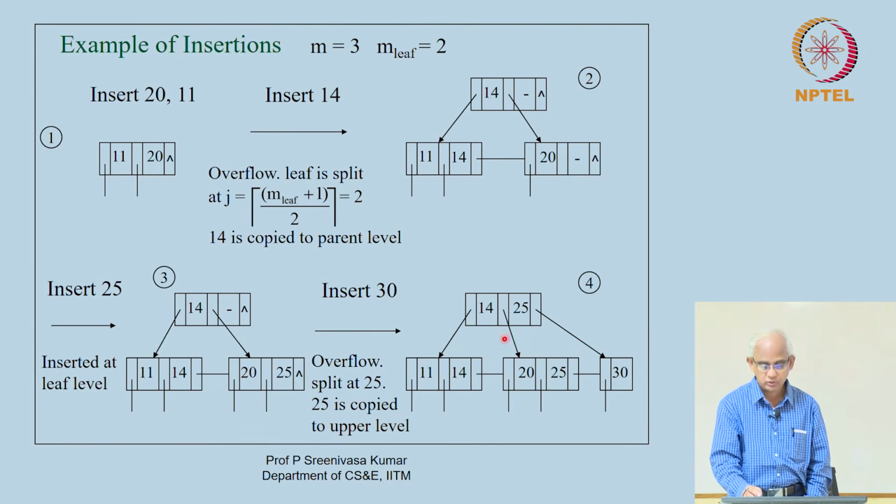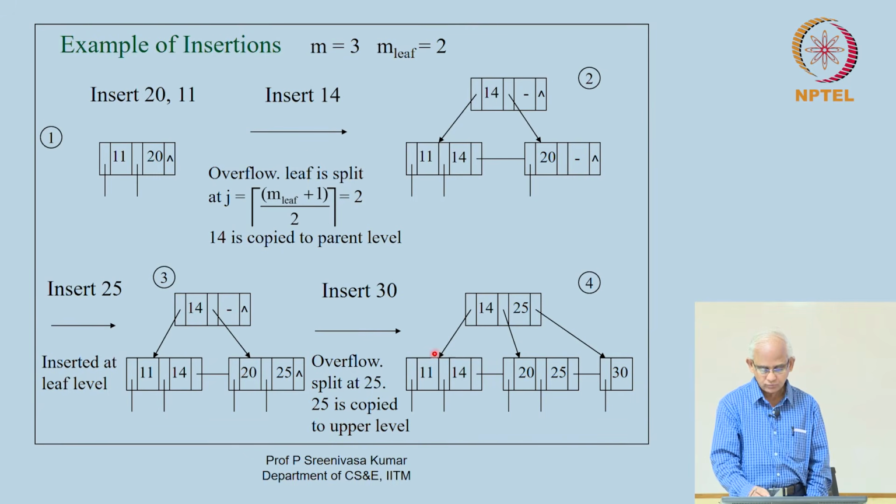So this node has to be split now. So this will be first split. So 11, 12 and then a separate leaf with 14 will come into the picture. Okay. So there are now 4 leaves: 11, 12, 14, 20, 25 and 30. These are the 4 leaves that come into the picture.